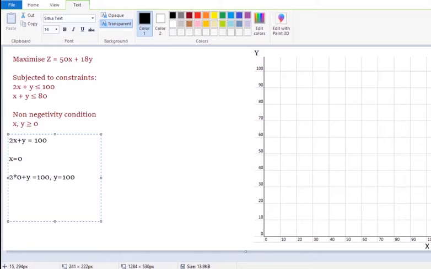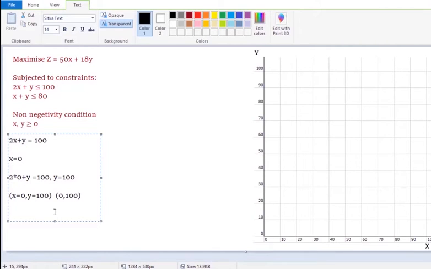What is the first point? The first point is x equal to 0, y equal to 100. I can write the first point as (0, 100).